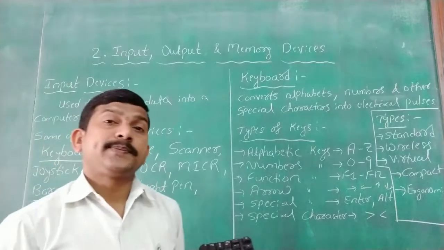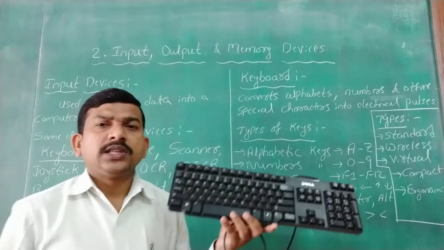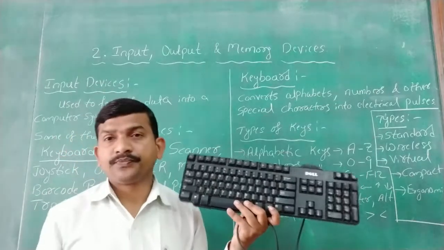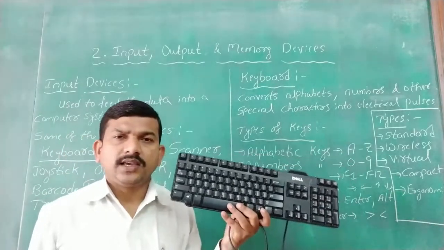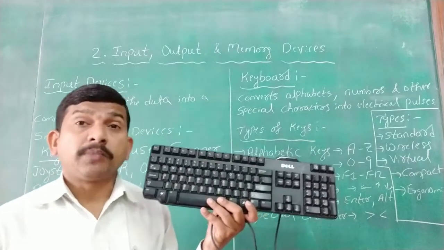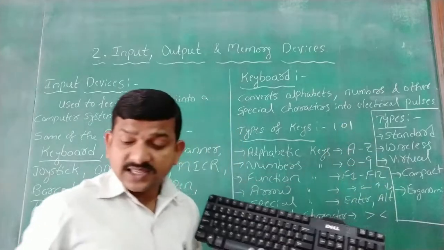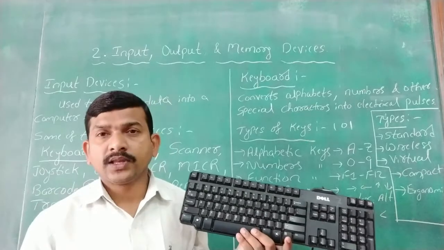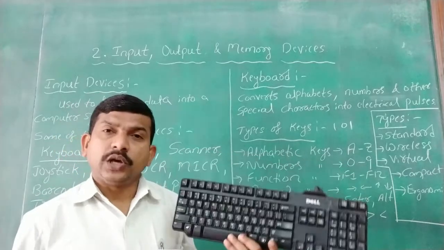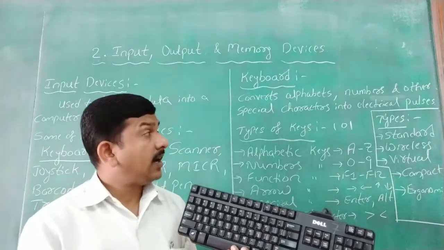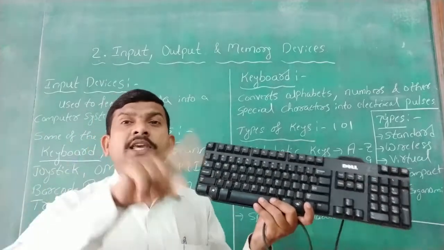Right? So next, types of keys. This keyboard contains so many keys. Does anybody know how many keys are present on a keyboard? Normally there are 101 keys. This is the standard number on a standard keyboard. If somebody asks how many keys are present on a keyboard, you have to say normally in standard there are 101, but it may vary from keyboard to keyboard.